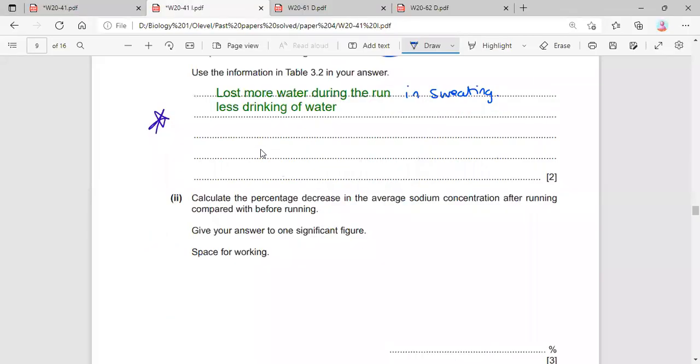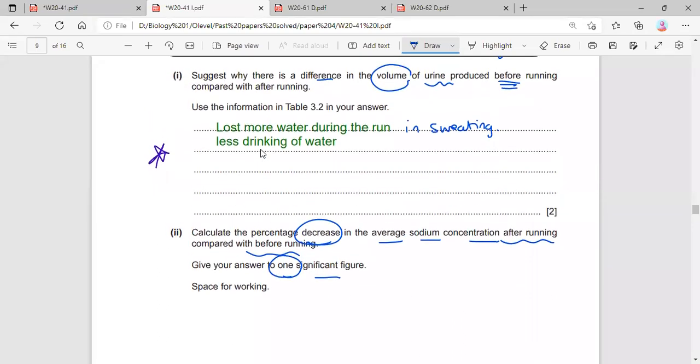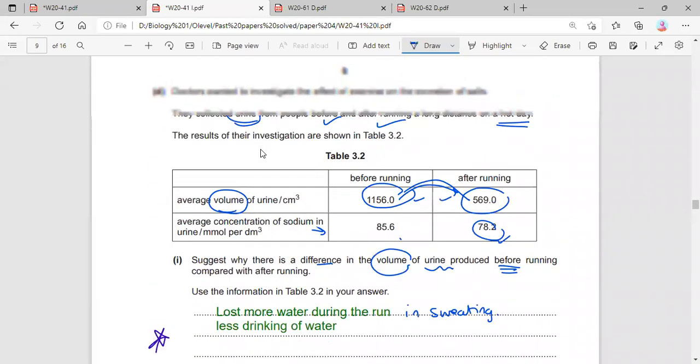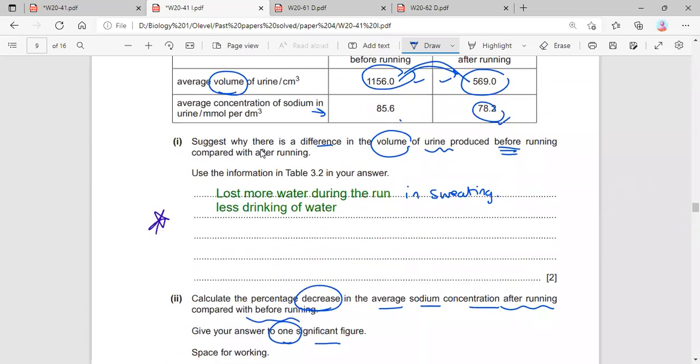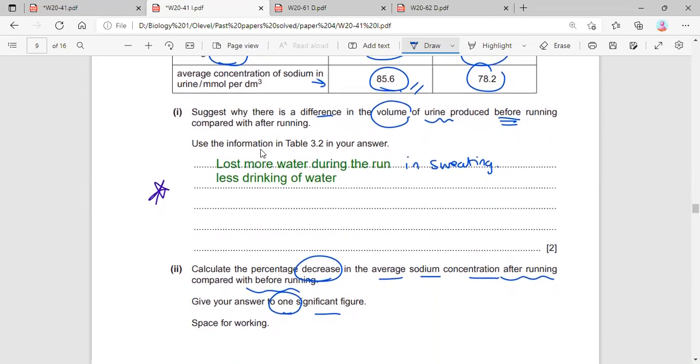Calculate the percentage decrease in the average sodium concentration after running compared with before running. Give your answer to one significant figure. Okay, percentage decrease. How do we get the percentage decrease? We subtract the two numbers over the original number, which is before running, times 100.